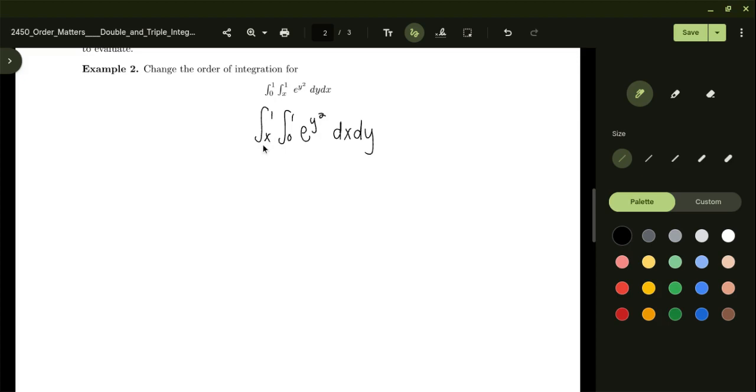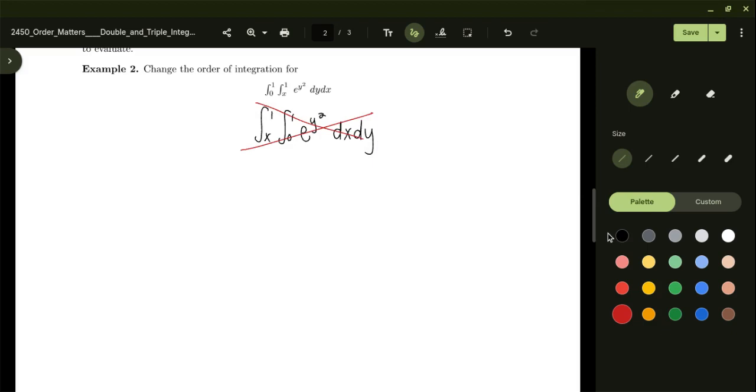And that is not going to help us actually find a value of anything. That's just going to give us an expression with x in it. And so in order to get rid of that and make this possible, we need to reevaluate the bounds. So yes, we can change this order, but we have to do a little work to see what our new bounds are. So this we cannot do.